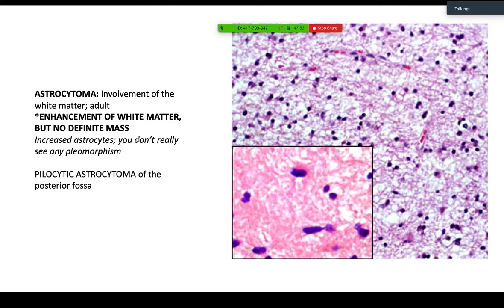Okay, and so we will see astrocytes. If this is in the posterior fossa, we call it a pilocytic astrocytoma. Okay, and so here on this brain biopsy, this is what the astrocytoma looks like. You will have questions where you need to have some idea of how these tumors look on histopathology.